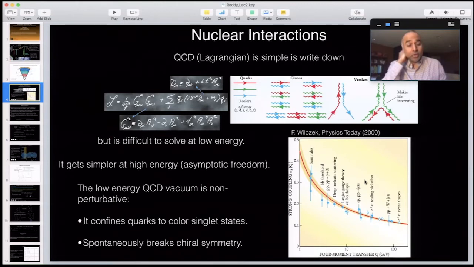The second important piece of physics that we need to account for when we do low energy interactions between neutrons is that the masses of the quarks that appear in QCD are very small compared to all the other scales in the problem. Really, there's only one fundamental scale in the QCD Lagrangian, that's the quark masses.